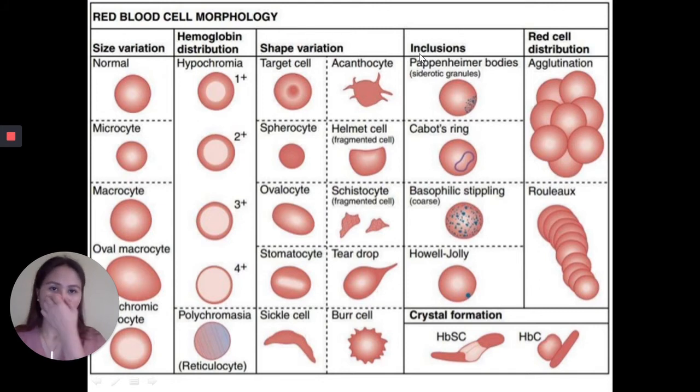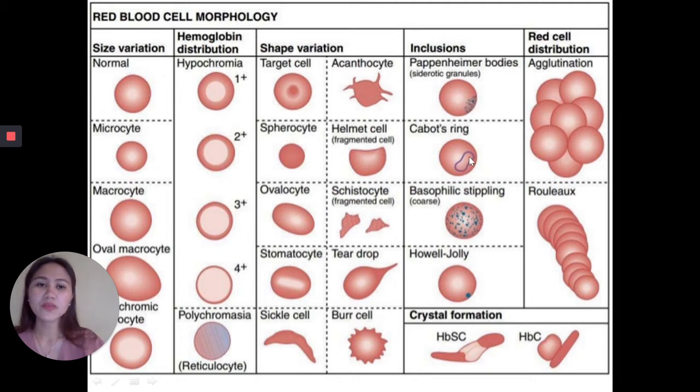If there are inclusions, then we also have terms for them. If there are siderotic granules inside your RBC, these siderotic granules are also called Pappenheimer bodies, then of course it is abnormal. So we call these granules Pappenheimer bodies.